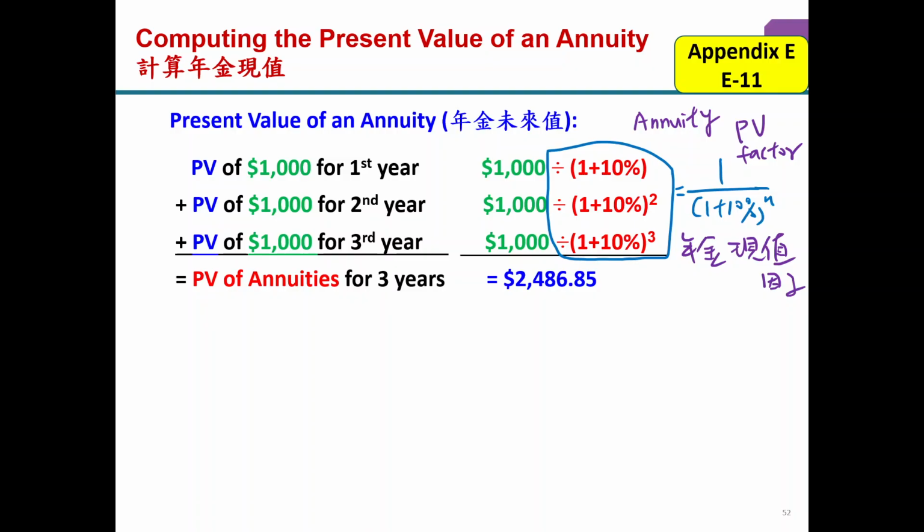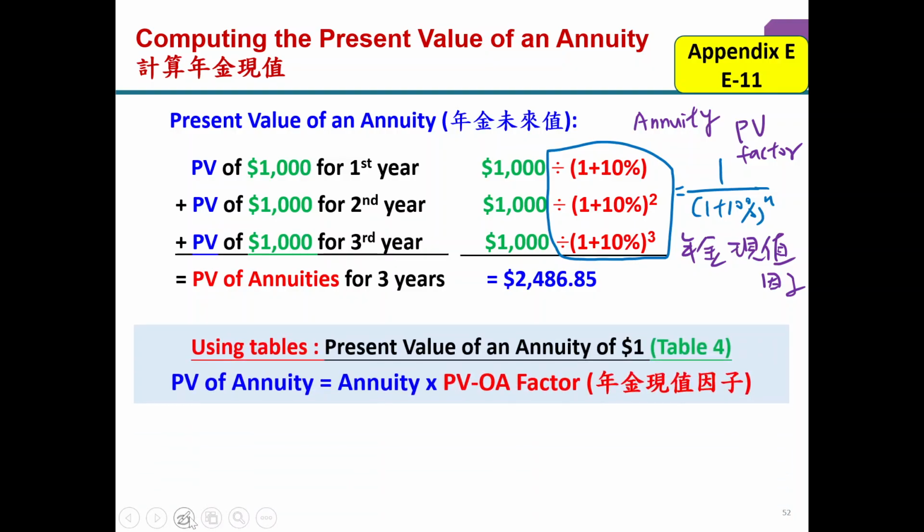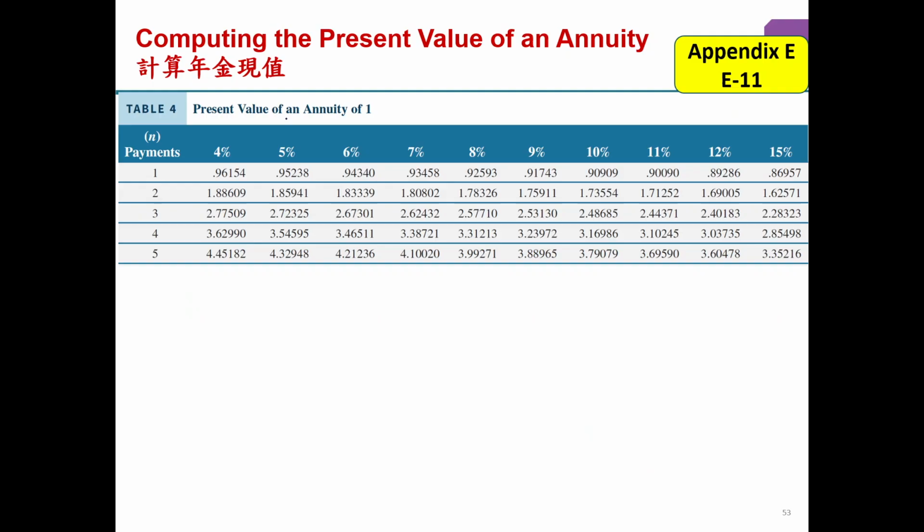Okay? And also, what's N? What's I? N is 3, right? What's I? 10%. So based on N and I, just look at the table. Another table, table 4. Table 4 tells me the annuity's present value factor. So for the annuity, I want to find out the present value.